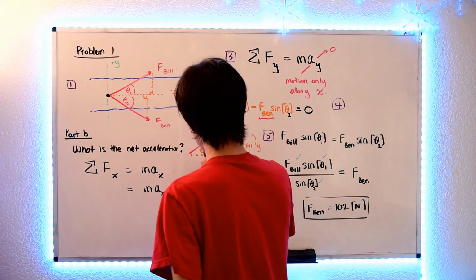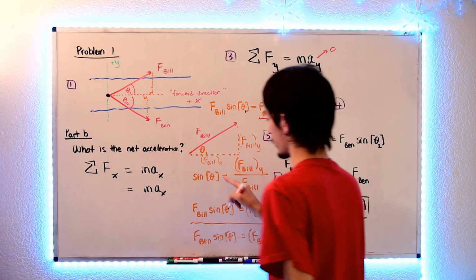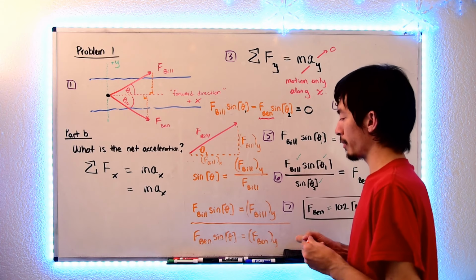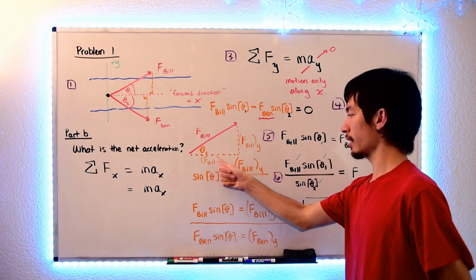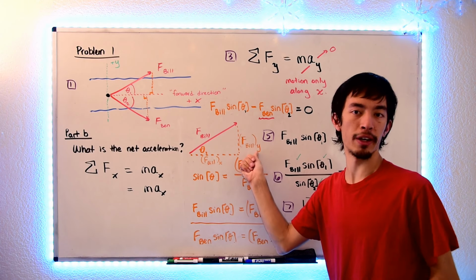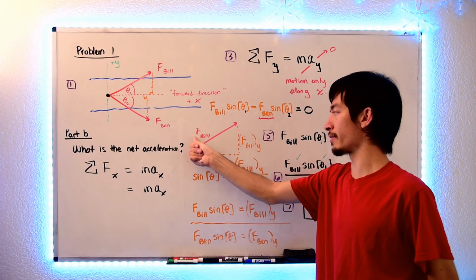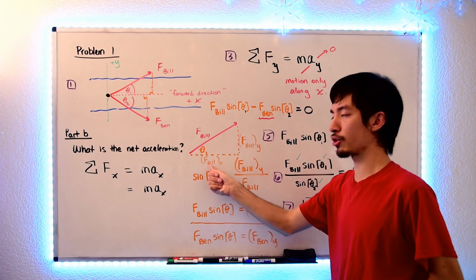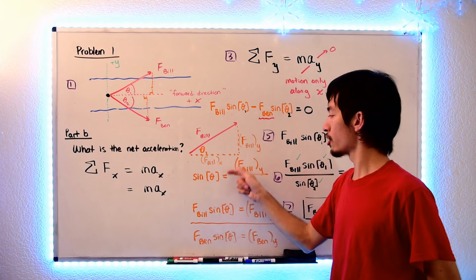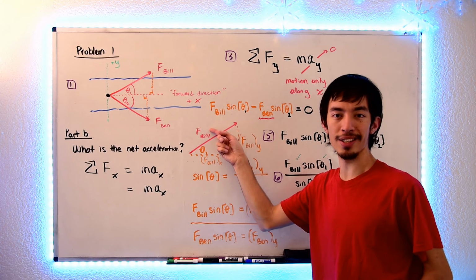So if I write force Bill, and call it the x component, it's going to be the same exact thing that we wrote for the y component, except that we change the trig function we're using. We're still using the hypotenuse, because we know that piece of information, and we just want to relate it to, in this case, the adjacent side. Adjacent and hypotenuse now use cosine instead of sine.